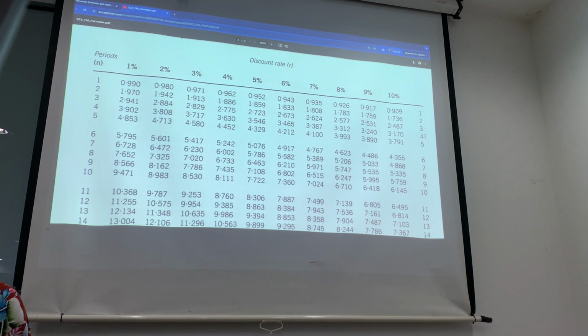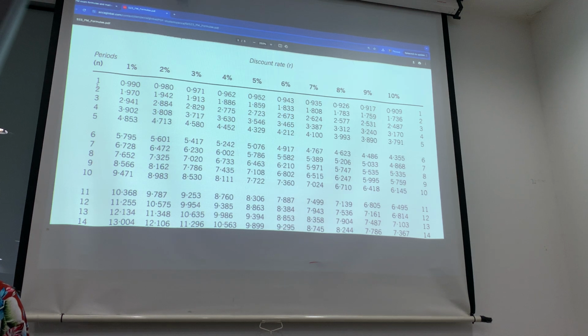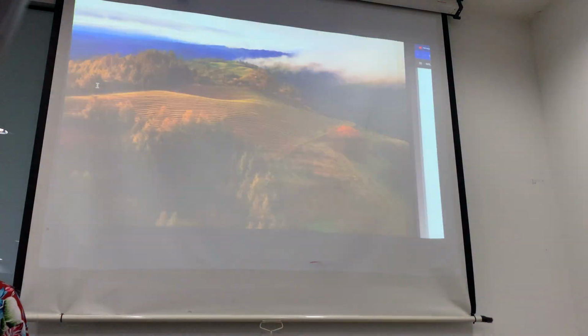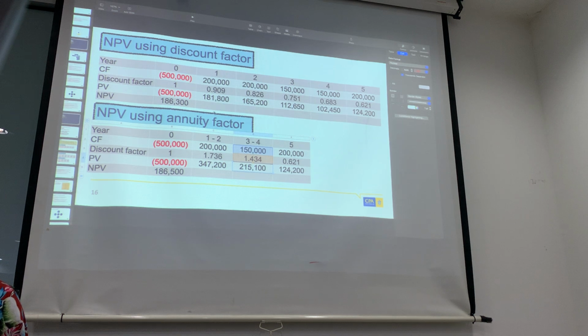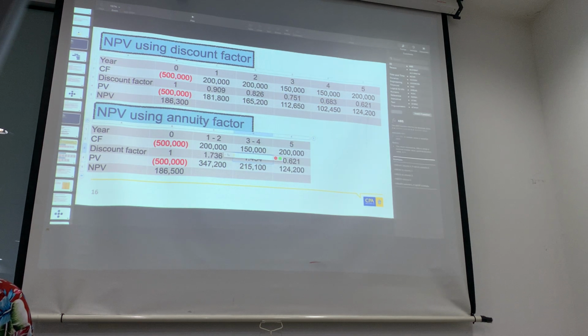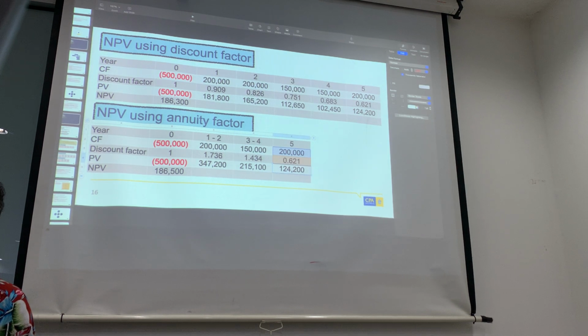I don't need year 1 and 2. So I must take year 4 minus year 2. Are you clear? So if you put that in, equals 3.170 minus 1.736, because I've already done 1.736 there. Follow? If I get that number there, then this is 0.621. So the number runs slightly because of the number here, correct?